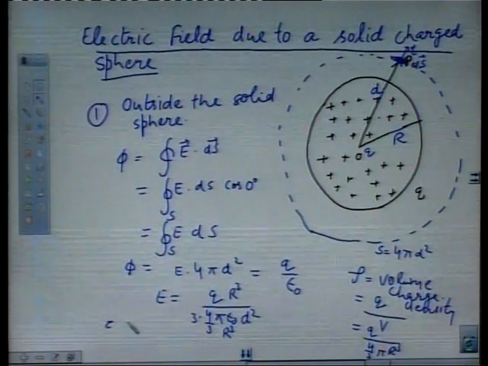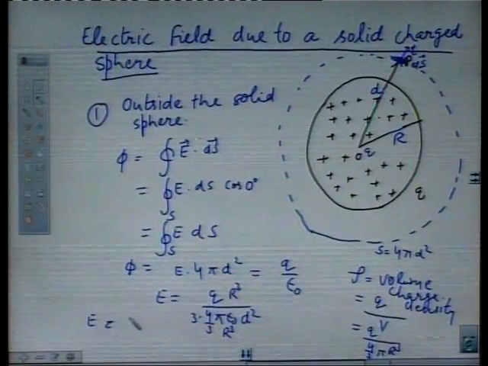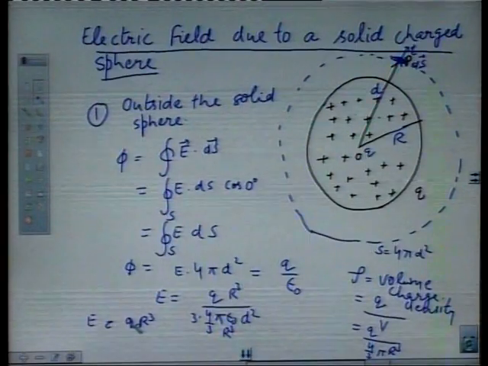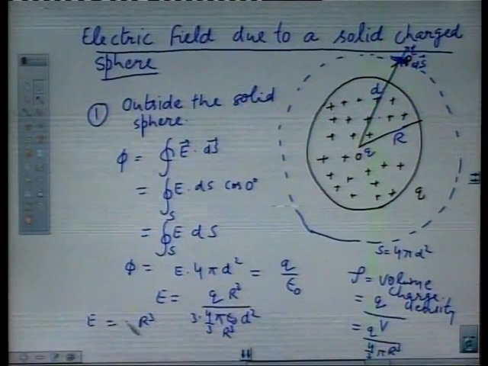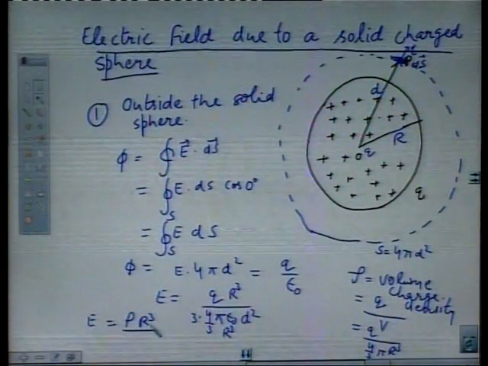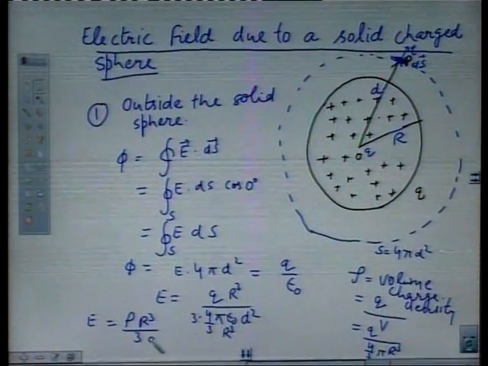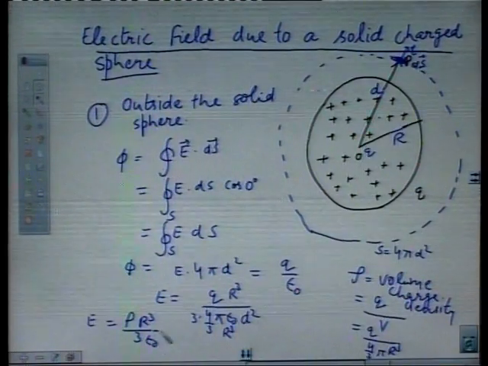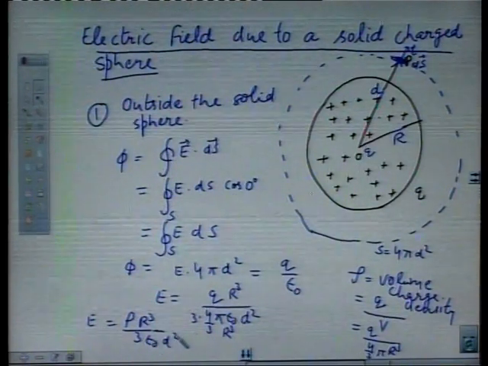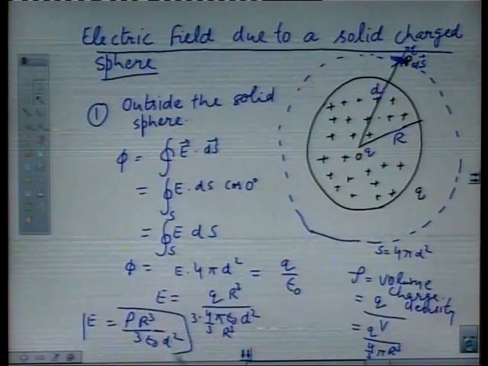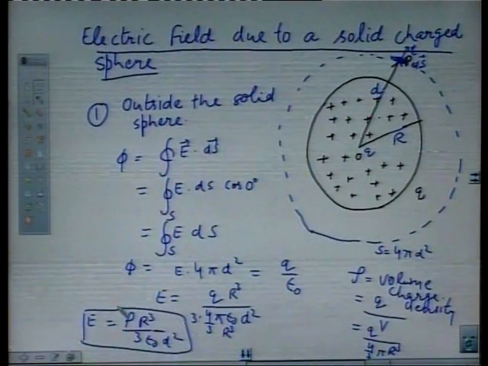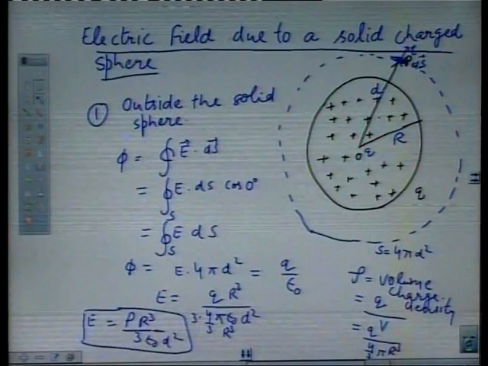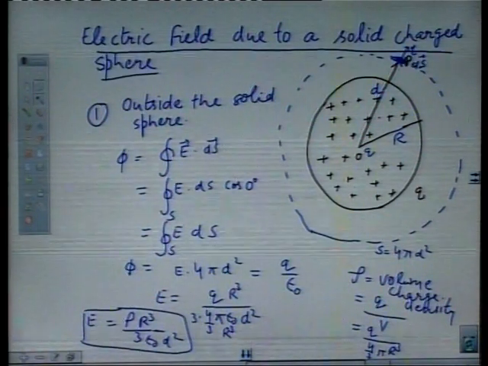We get E is equal to rho into r cube upon 3 into epsilon naught into d square. So, this is the formula for electrical field at any point which is lying outside the surface.